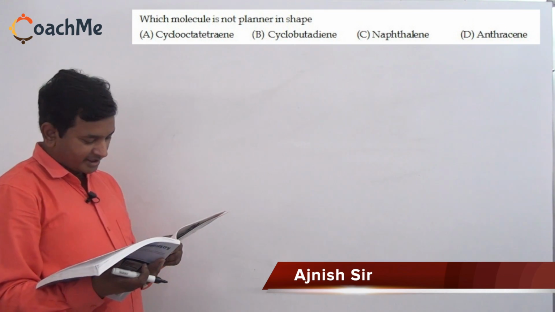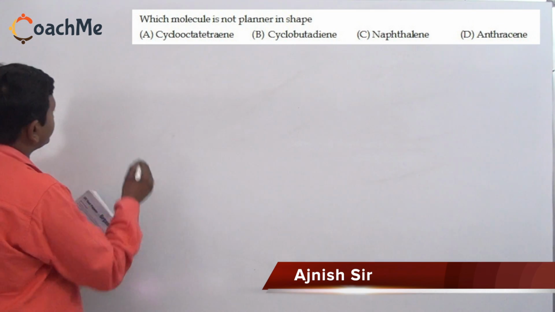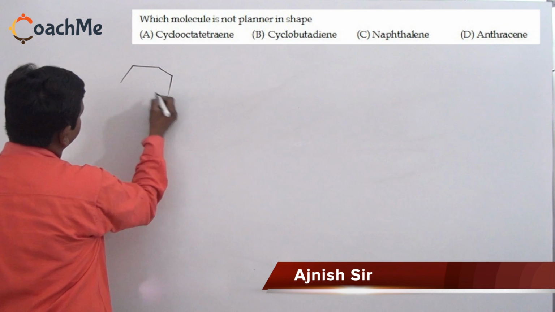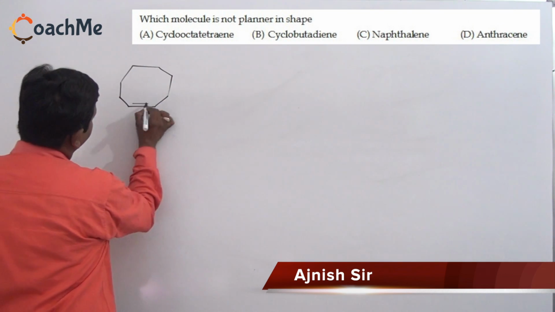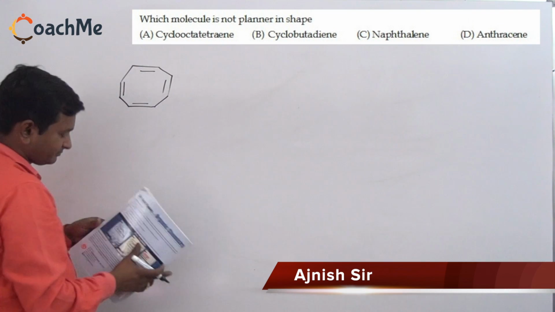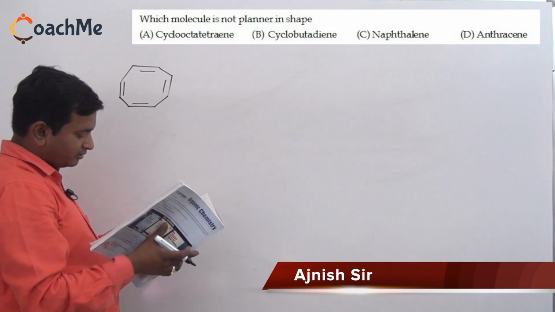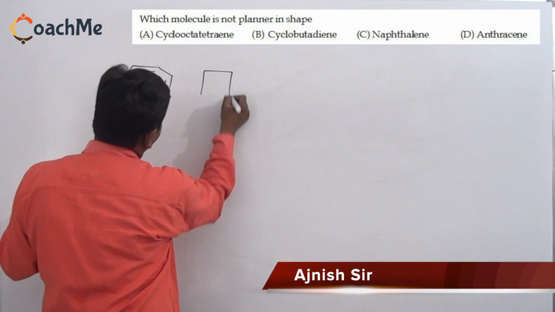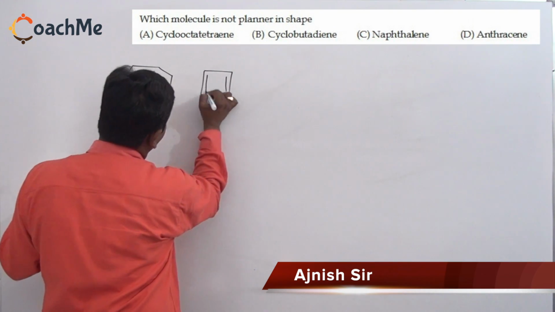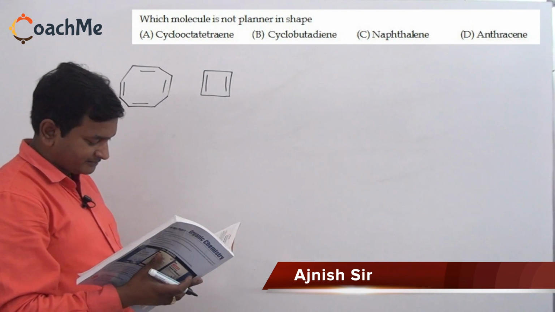So, first, cyclooctatetraene. The structure will be like this. Second, cyclobutadiene. The structure will be like this.